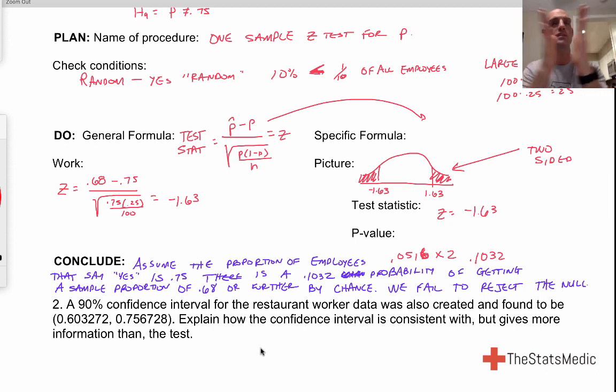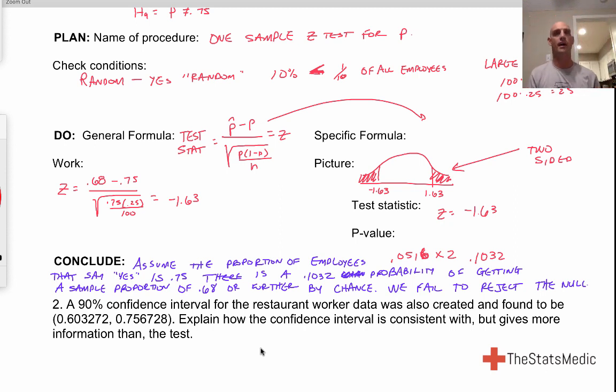Well, this null hypothesis puts our proportion of people that actually do say yes at 0.75. That's in the interval. So if it's in the interval, that means we're 90% confident that it's in that interval. So the interval gives other plausible values though. Aside from just saying, hey, great job, your 0.75 is in the interval, it could be possible, we don't reject the null. We also say, well, we're 90% confident that it's within here.